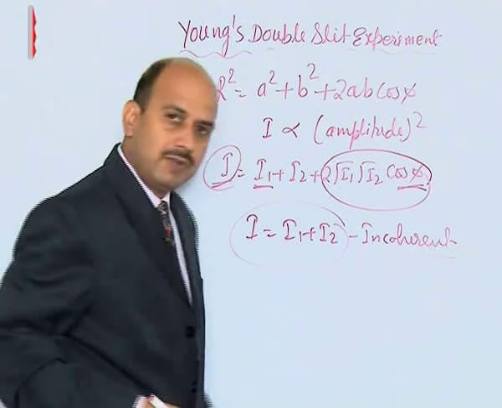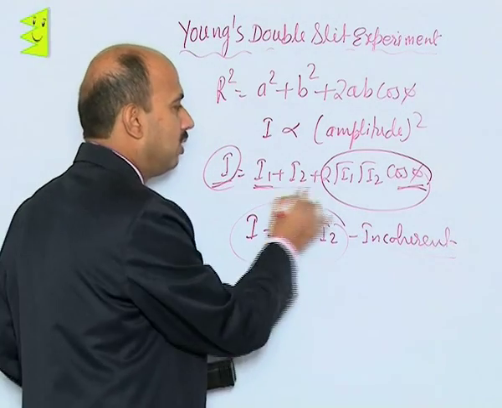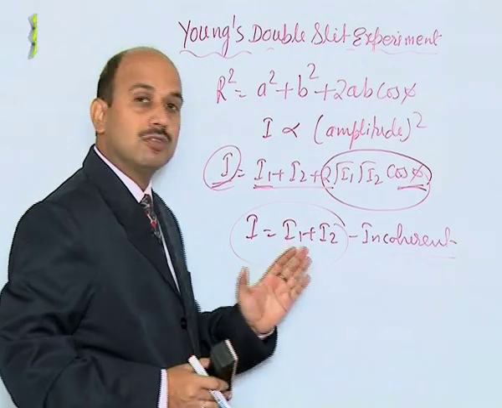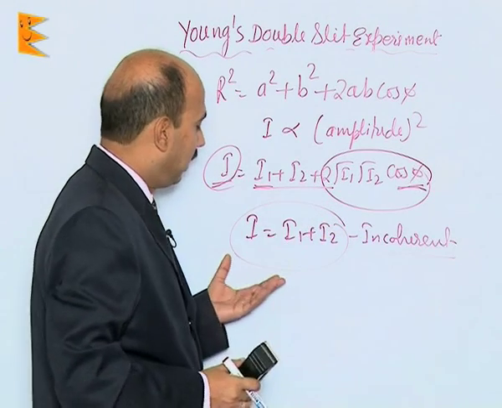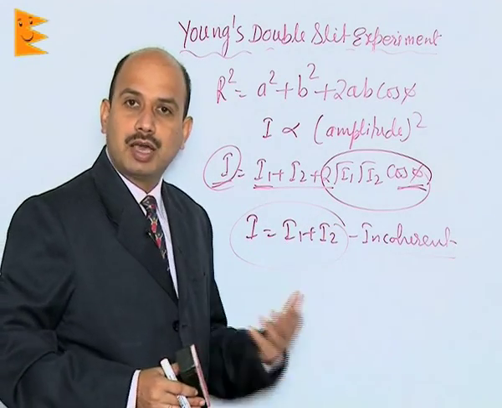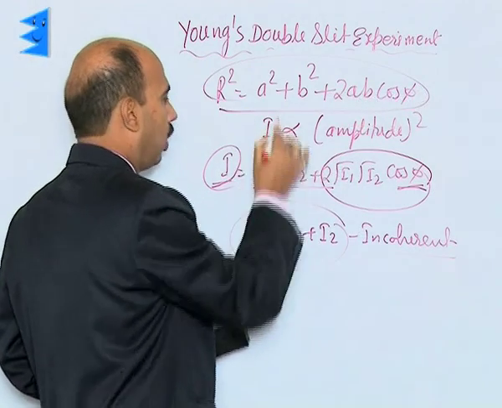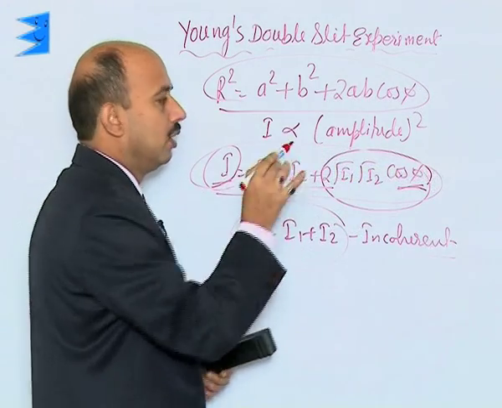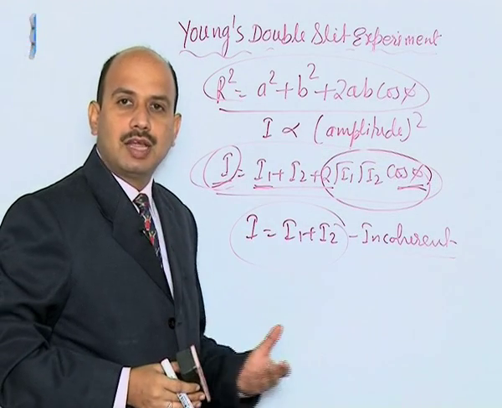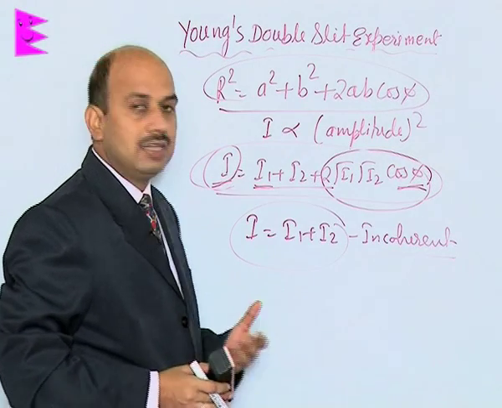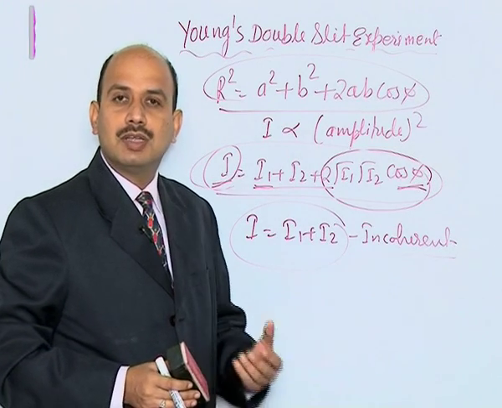So whenever interference is taking place, this equation applies if the light sources are coherent, but if the sources are incoherent, then the intensity will be directly I is equal to I1 plus I2. So we can write the equation in either form. These are about interference and the expression for the resultant intensity. Now, we will discuss the conditions for constructive and destructive interferences.